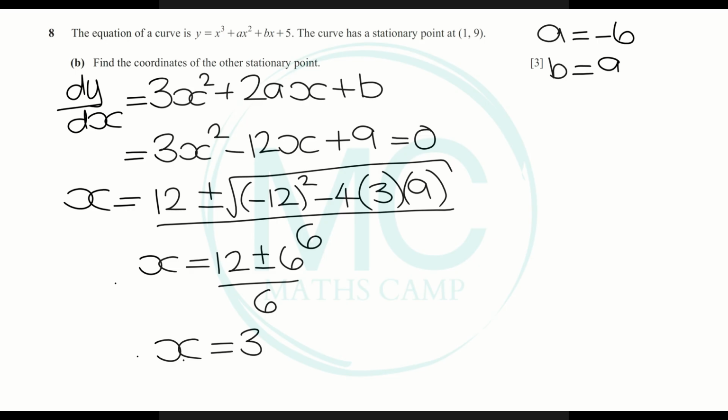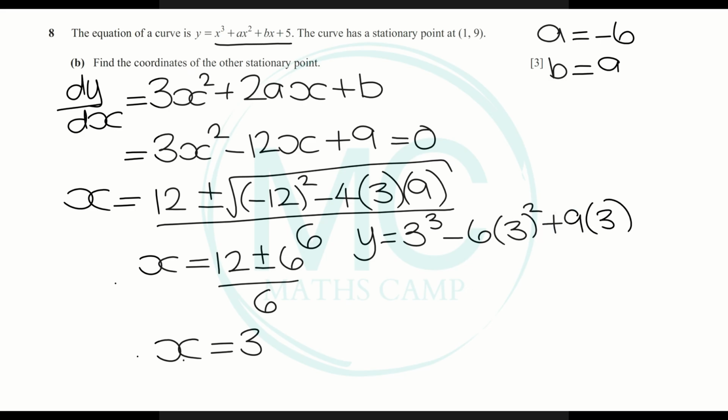To find y, I can substitute 3 into my x values in this equation over here. So I can say y is equal to x cubed becomes 3 cubed. A is negative 6, so this becomes negative 6 multiplied by 3 squared. B is 9, so this becomes plus 9 multiplied by 3 plus 5.